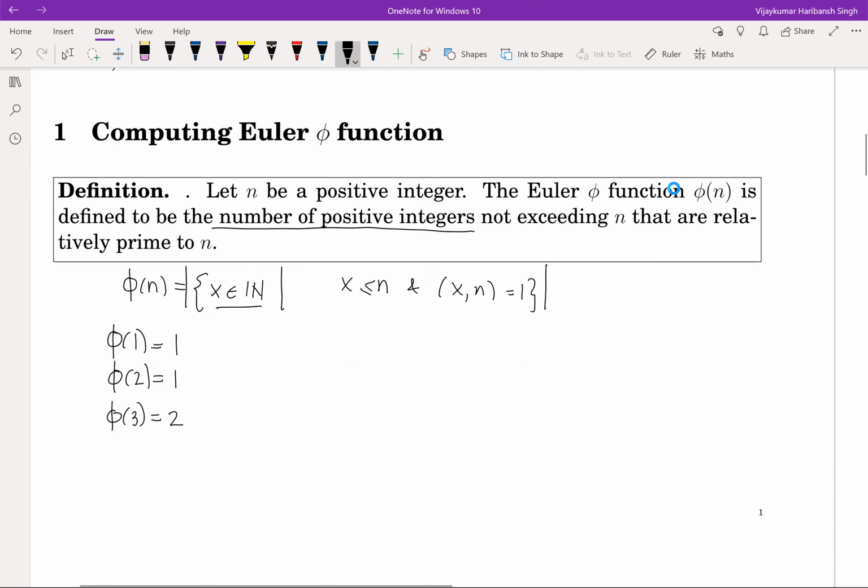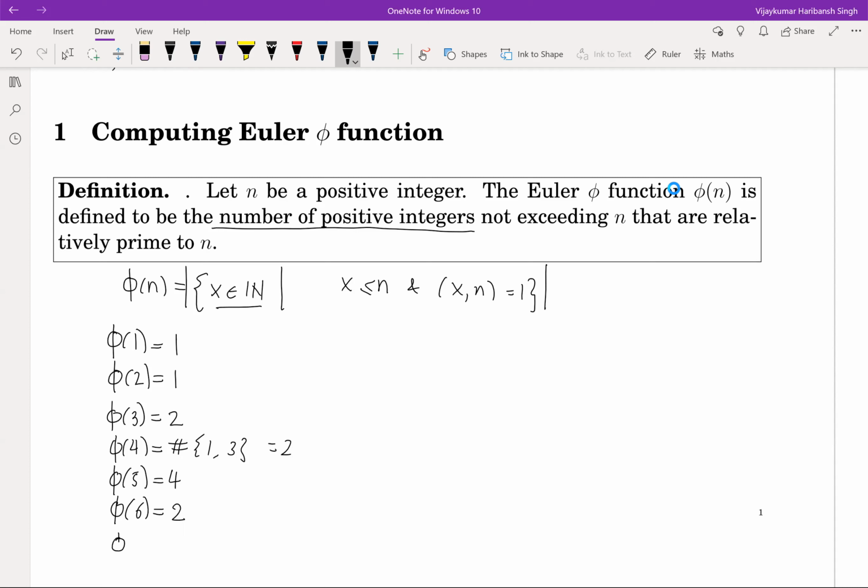Phi of 4: you have to count the size, so it's basically the size of the set 1 and 3, which is 2. Phi of 5 is 4. Phi of 6: let's see what are the numbers which are coprime to 6 and less than or equal to 6. So 1 is possible, 2 is not, 3 is not, 4 is not, 5 is. So phi of 6 is 2.